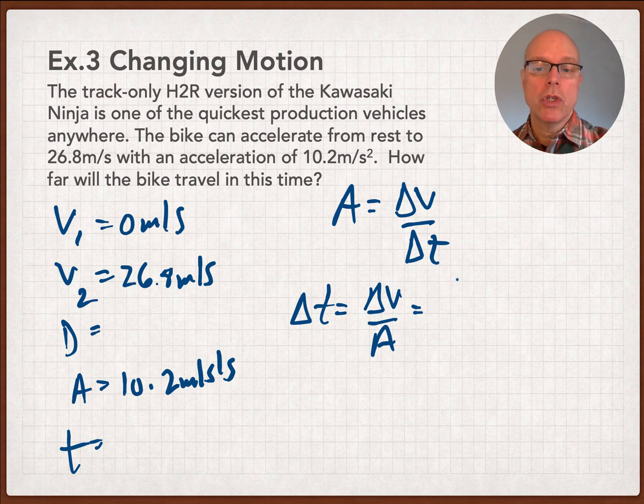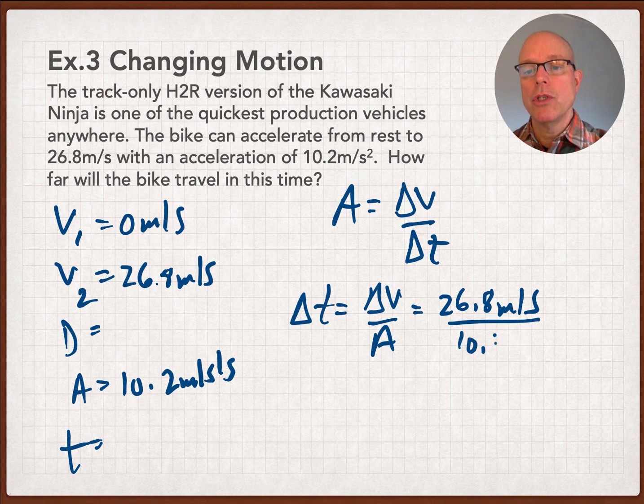The next thing I do is plug in my numbers. The delta V was positive 26.8. So V2 minus V1 is 26.8 meters per second over the acceleration, 10.2 meters per second squared. And we figure out that the time for this thing to accelerate is 2.63 seconds from 0 to 60.